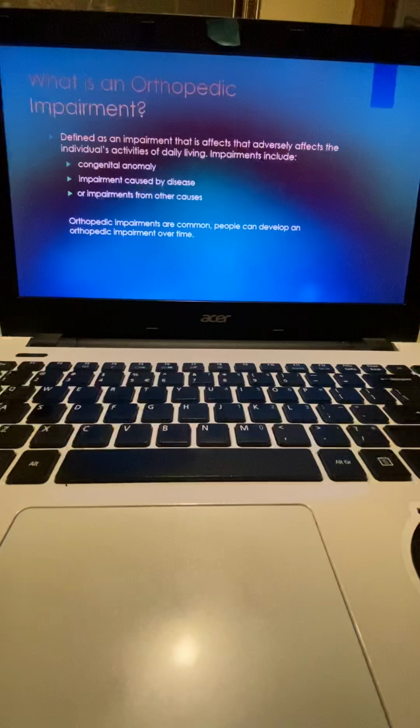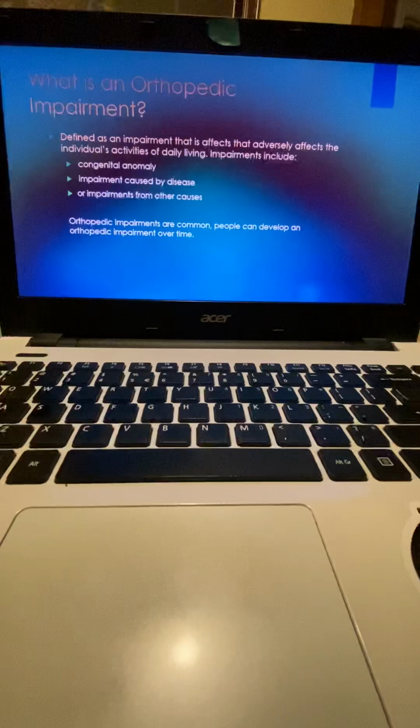This can be an arm, a finger, or even a leg, a limb that would impair them from performing a certain activity. An impairment caused by a disease can include things such as poliomyelitis, bone tuberculosis, or any other condition that impacts their musculoskeletal abilities or their muscles in general. Or other impairments can be derived from other causes, some of which may be unknown.